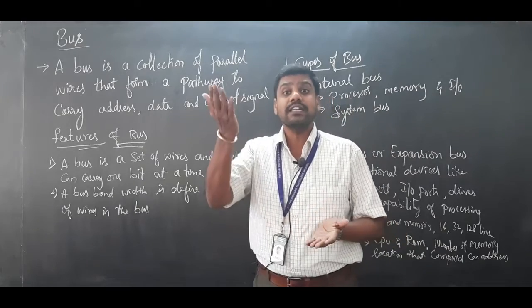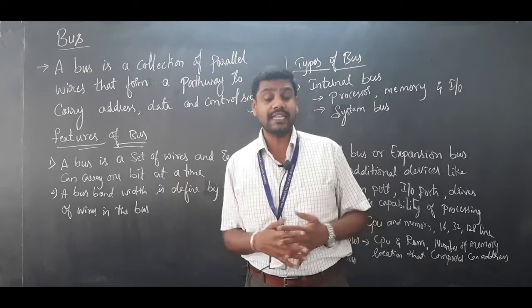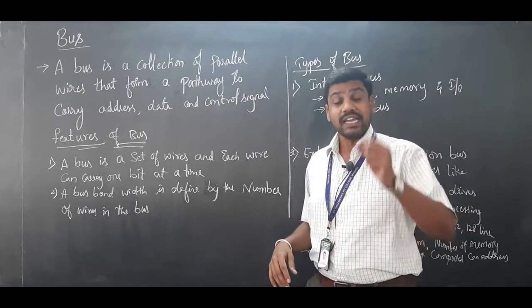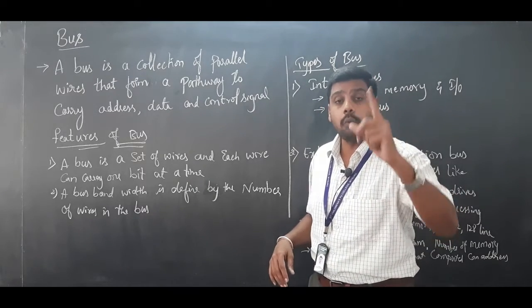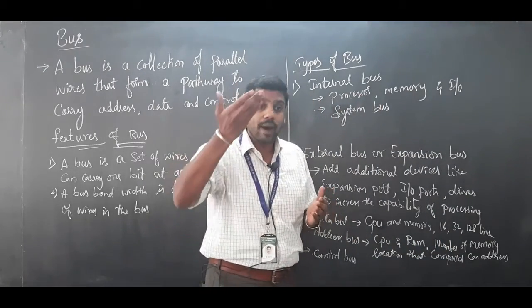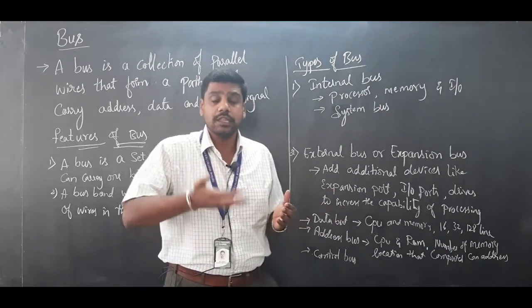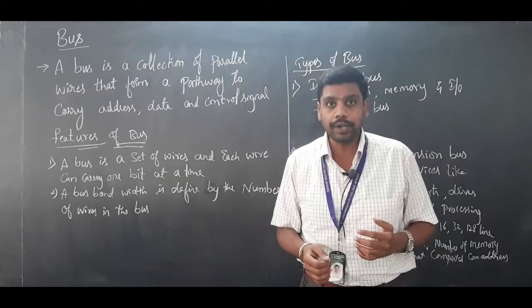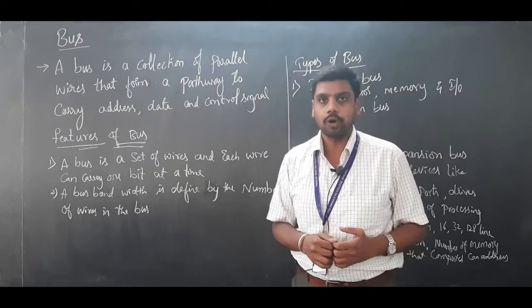As the number of wires increases, the speed of data transfer will be more, because each wire carries one bit at a time. Therefore, as the number of wires in the bus increases, the speed of data transfer and the number of bits we can transfer will be more.